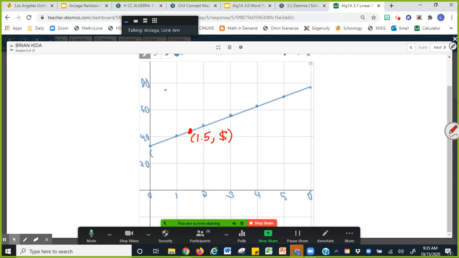Remember, your domain is the number of members. And do decimals make sense in this scenario? Okay, don't get me wrong. We graph linear functions, we do, but there are instances when we cannot connect the points because the solutions in between don't make sense.